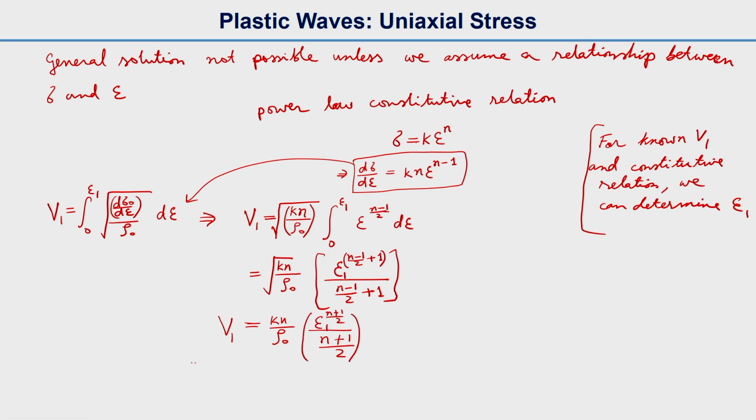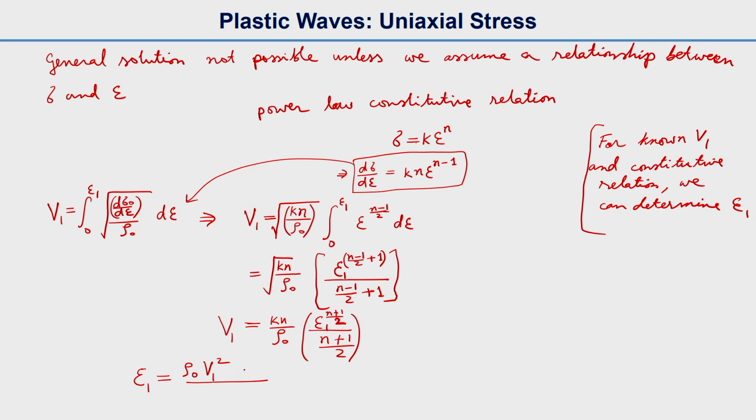Ultimately we will express epsilon 1 in terms of V1. We write V1 squared because we had a 2 here, which goes to the other side.